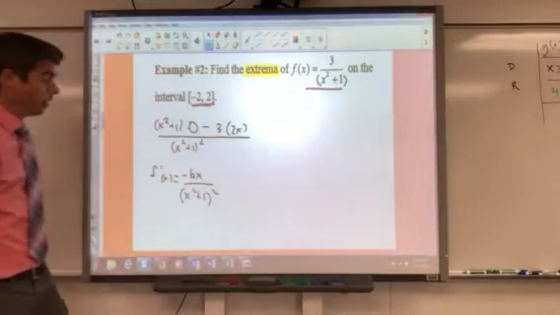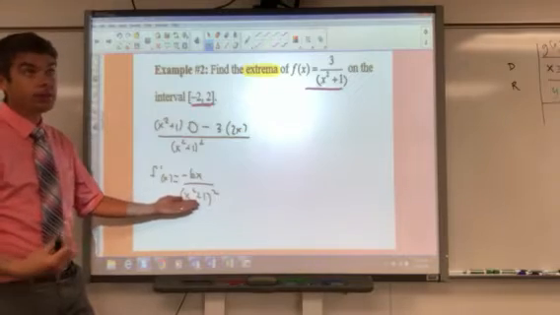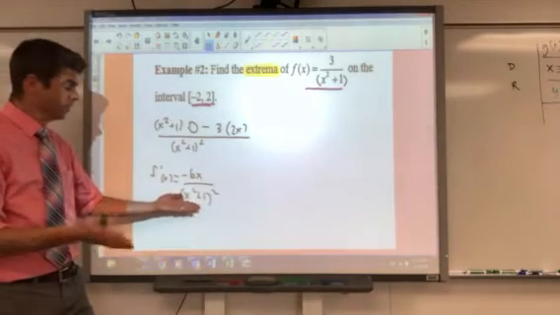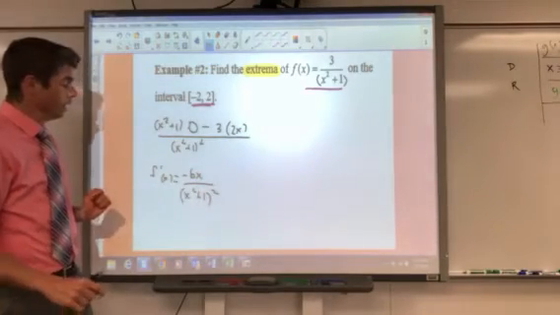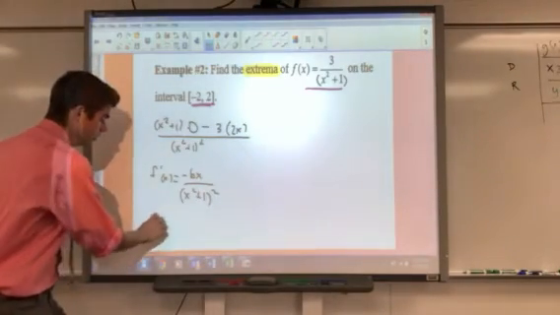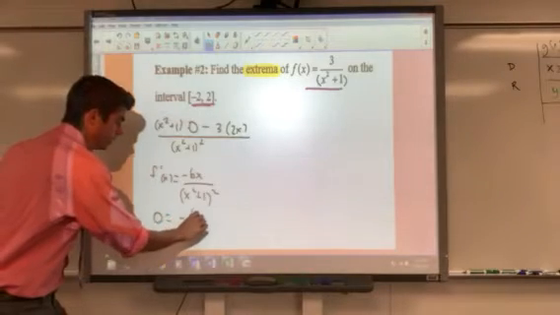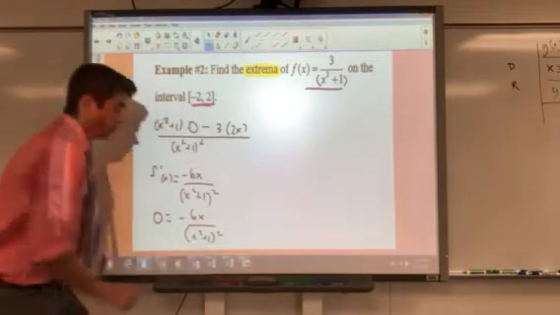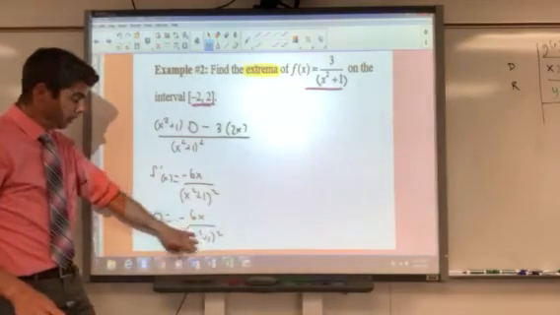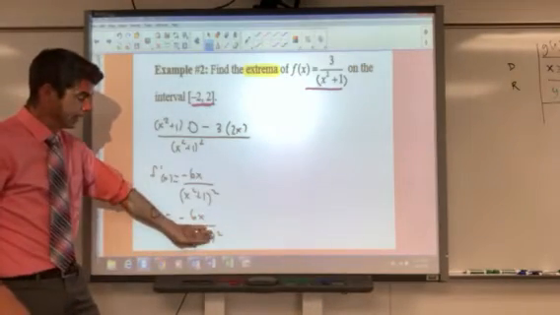Okay? Now again, we have a denominator, but it's never negative. It's never 0. So there's no undefined derivatives from the function itself. When is this equal to 0? Well, by simply multiplying that denominator across, it simplifies our function quite nicely. To multiply that across, 0 equals negative 6x.